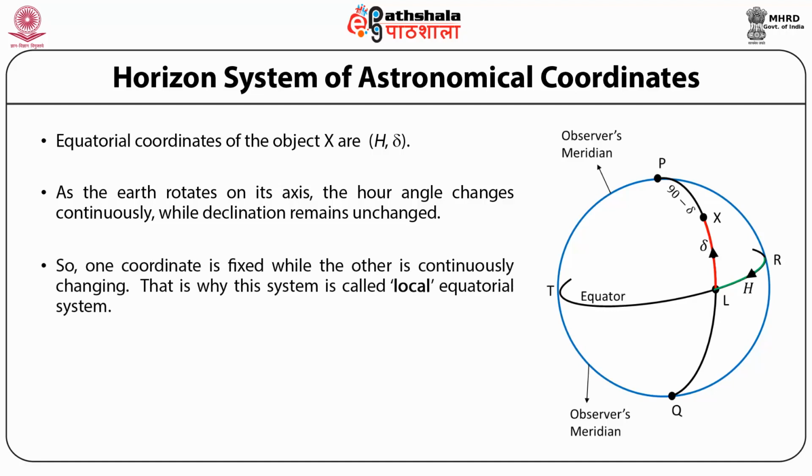That is why this system is called the local equatorial system. This is one of the shortcomings of the local equatorial system, which is rectified by choosing a reference point which is not fixed but is also moving at the same speed and in the same direction as the object. This we will see in the universal equatorial system.